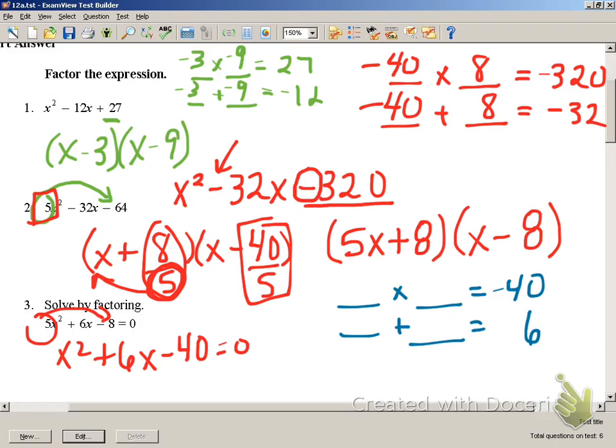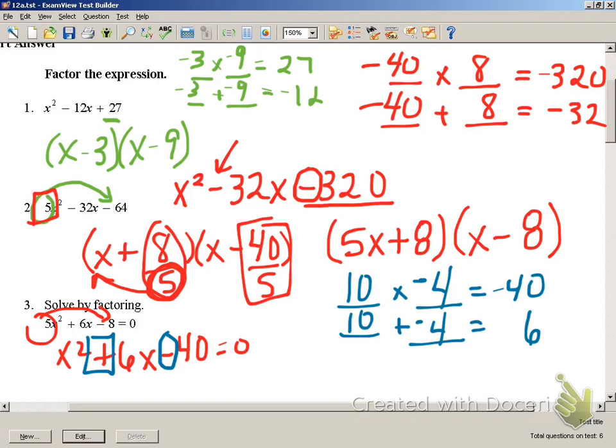Very similar to the last problem, since we have a negative, both my signs will be different. The larger number will be positive. So it would be 10 and 4. And since I need a positive 6, it's going to be a negative 4, because 10 plus a negative 4 gives me a positive 6.